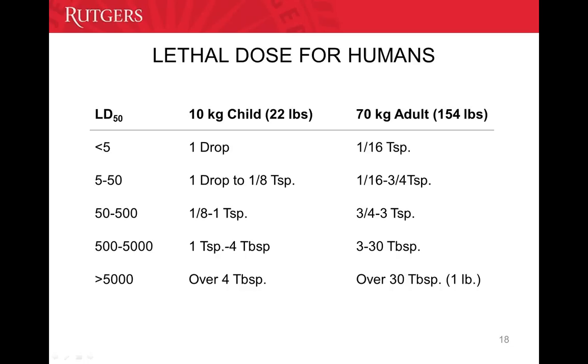If we move down to the bottom of the slide, we see that if the LD50 was quite high, over 5,000, it would take an enormous amount, over 4 tablespoons to affect a child, and over 30 tablespoons to affect an adult. So it's pretty significant. LD50: lower number, more toxic.